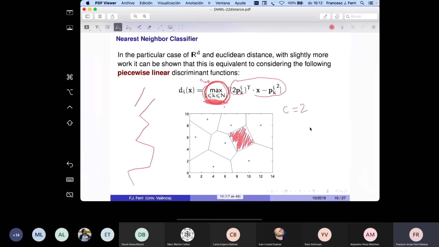In this case, as we have two dimensions, this is a polygon, but in general, in any number of dimensions, polytope. It's okay? This other one is a Voronoi polytope associated to this point. Do you agree?